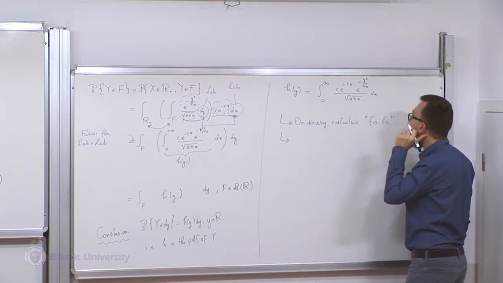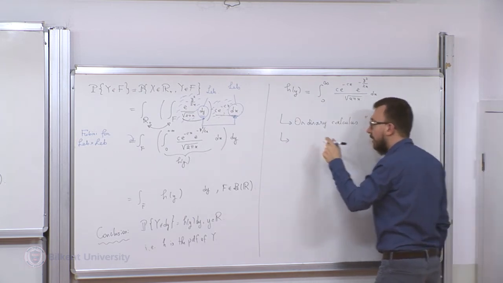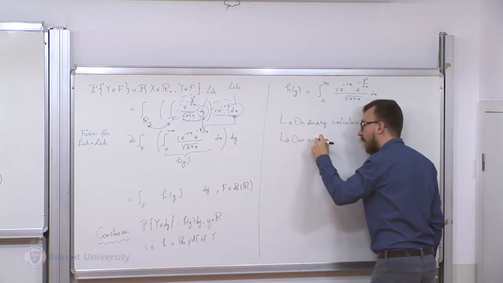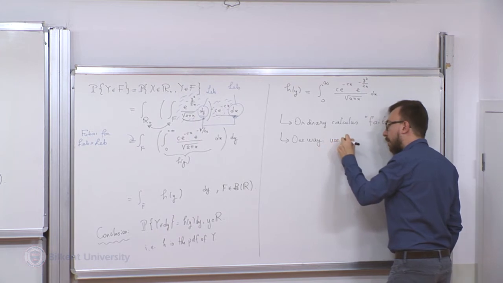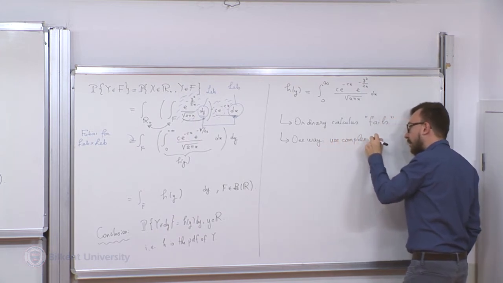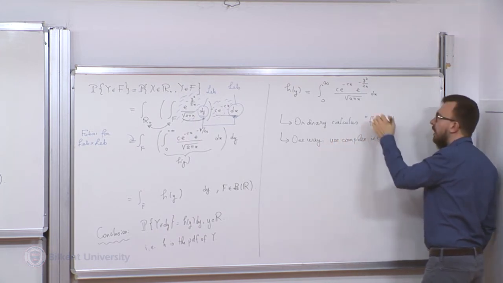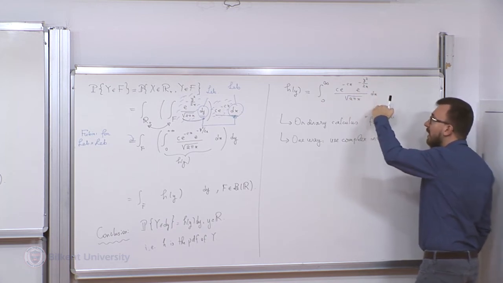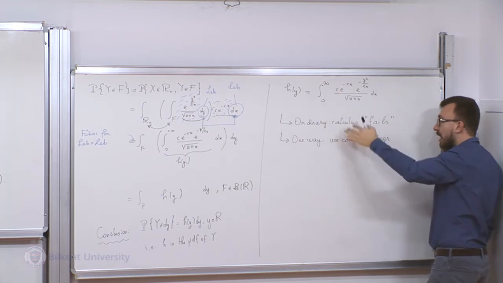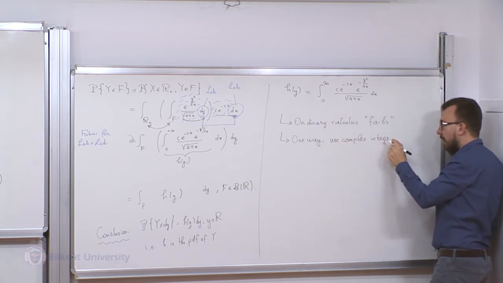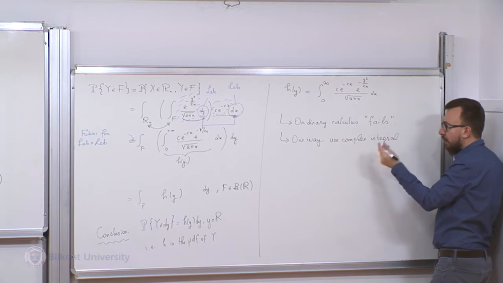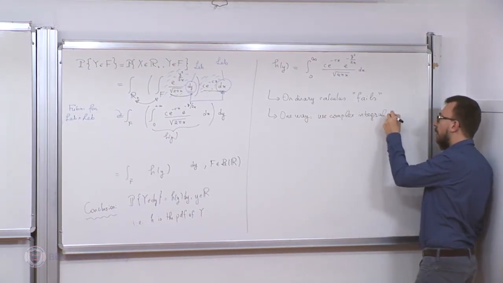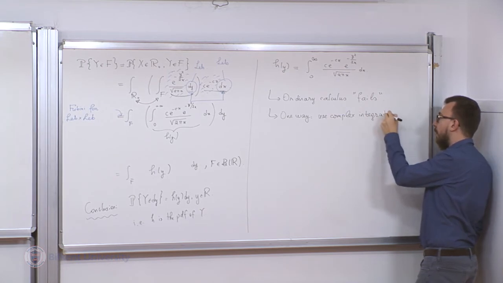But a well-known way of calculating this integral is through complex integration. It's an integral of a real variable, but you can see it as a complex integral and use complex calculus tricks to evaluate it. Of course, this is not in our scope, so we're not going to do that.